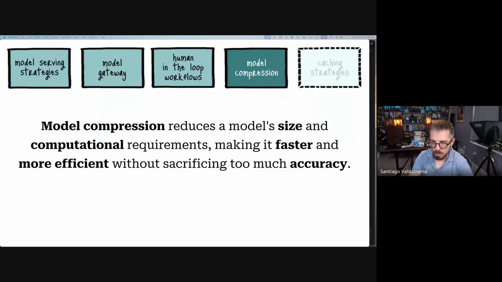Cool, awesome. So two more sections here and we're done. The first one is going to be model compression. I'm going to move fast through this one. But I just want you to understand that some of these models, when they come out of the factory, are really, really big. And deploying a model that's too big is very costly. Sometimes you cannot use it.